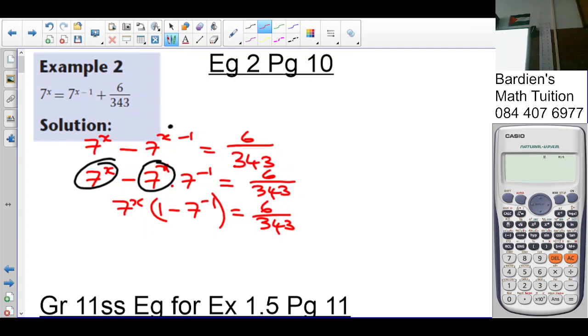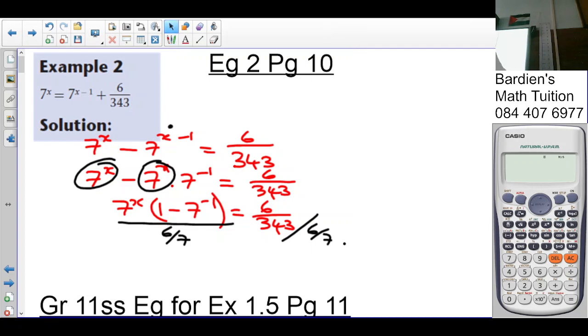So I divide both sides by 6 over 7. Now if you can't do that in your head or work it out on the page, what do we do? Use a calculator.